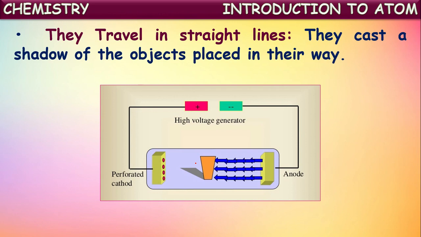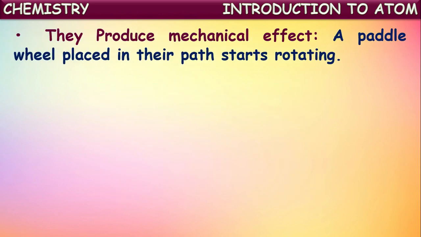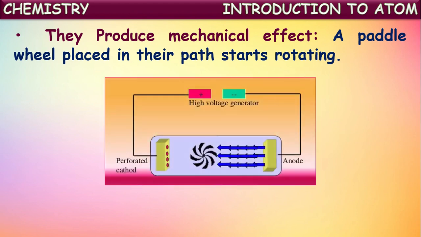Another property is they produce mechanical effects. Just like the cathode rays, these anode rays also produce mechanical effects. This is proved by the experiment that a paddle wheel placed in their path starts rotating. We have seen this in the properties of cathode rays also. If a light paddle wheel is placed in the path of these anode rays, it starts rotating.